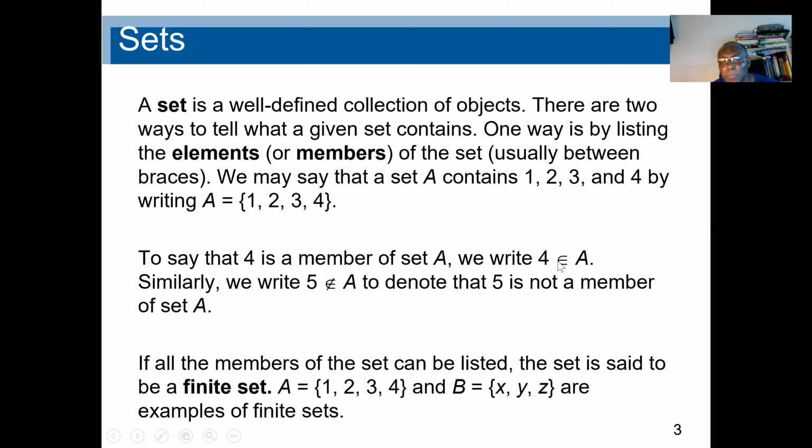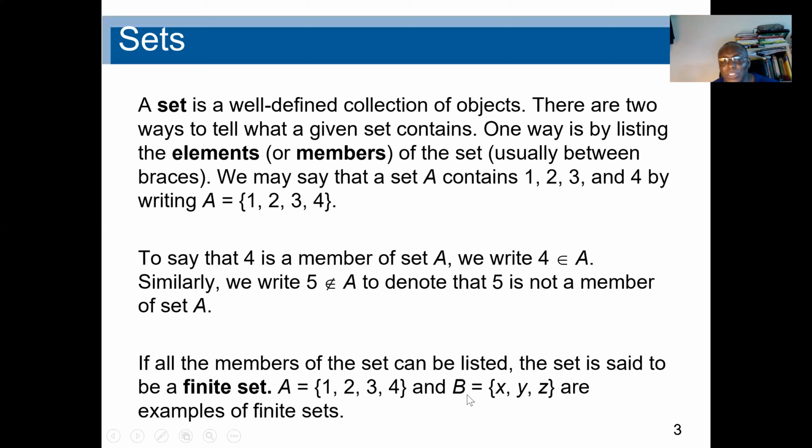So we say 4 belongs to A, which means 4 is a member of set A. Similarly, we can also say that 5 is not a member of A, which we normally say 5 does not belong to A. So by looking at set A consisting of 1, 2, 3, and 4, 5 is not included. So 5 is not a member, or it doesn't belong to A.